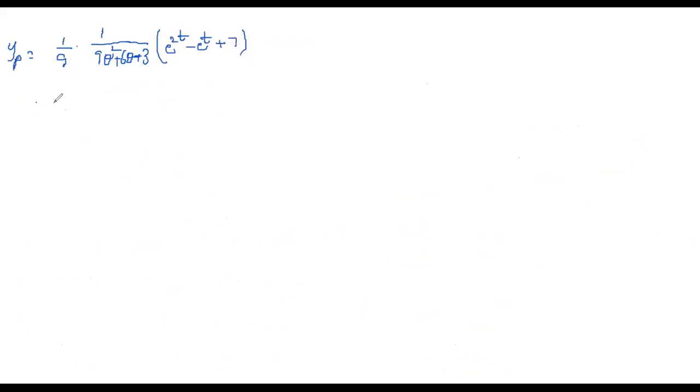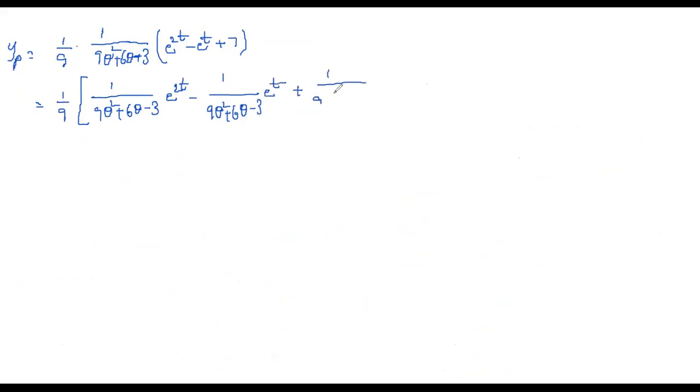So this is equal to 1 by 9 into, the first one, 1 by 9 theta square plus 6 theta minus 3 into e power 2t, minus 1 by 9 theta square plus 6 theta minus 3 into e power t, plus 1 by 9 theta square plus 6 theta minus 3 into 7, that is e power 0.